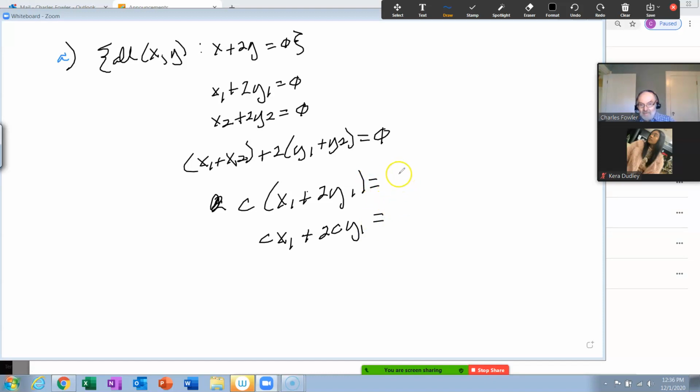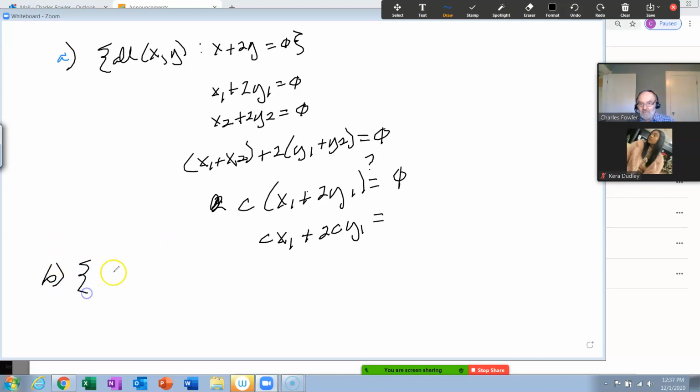The question is, is that equal to 0? Well, c times 0 is 0, so scalar multiplication works. So yes, that one works. That line in that plane is a subspace.